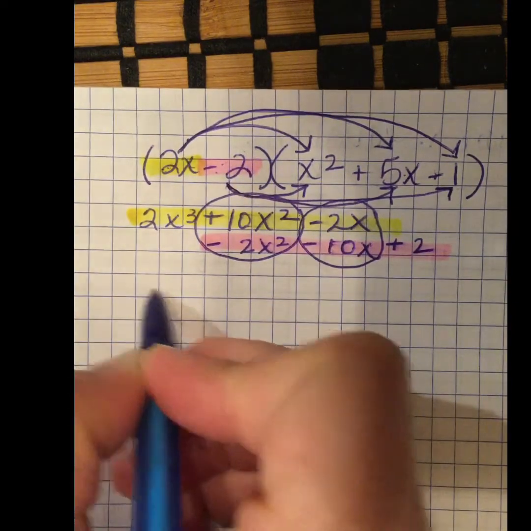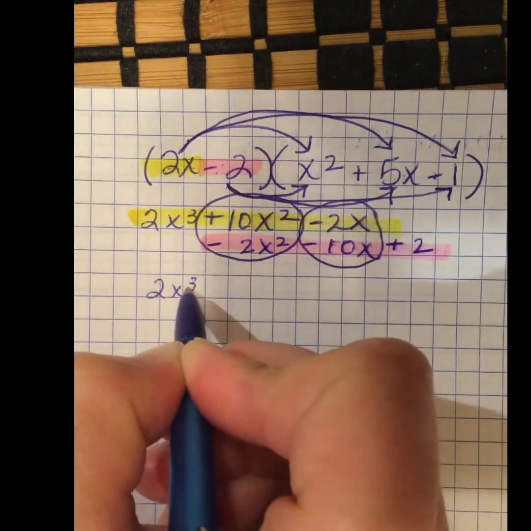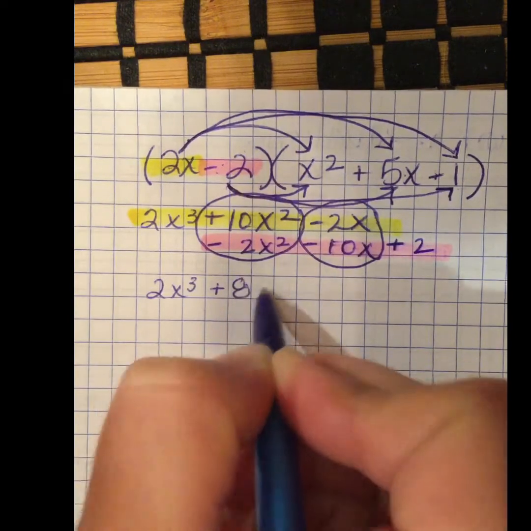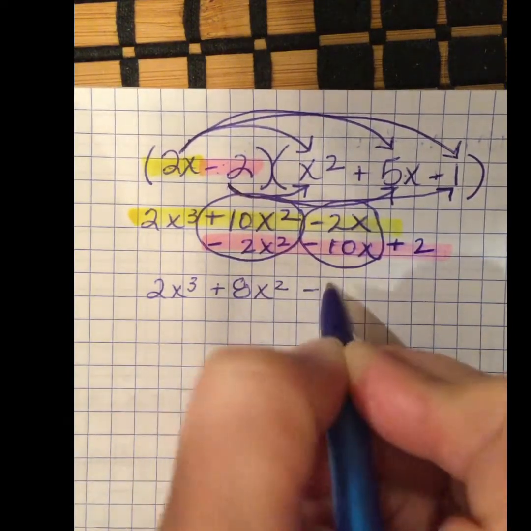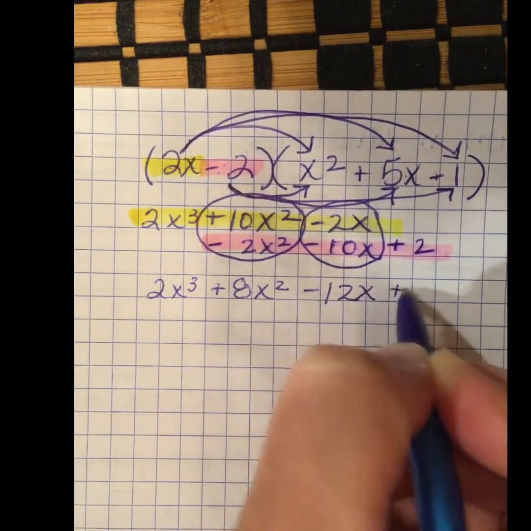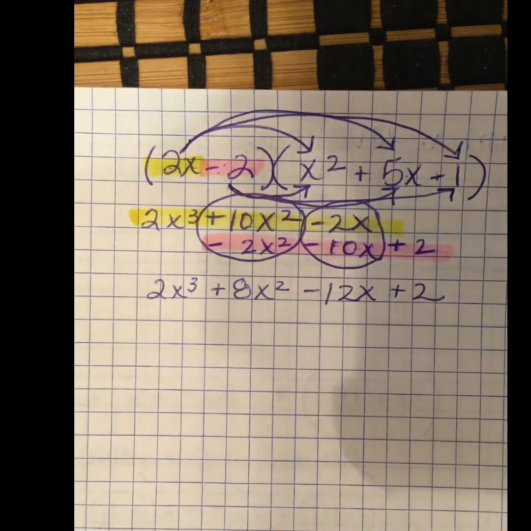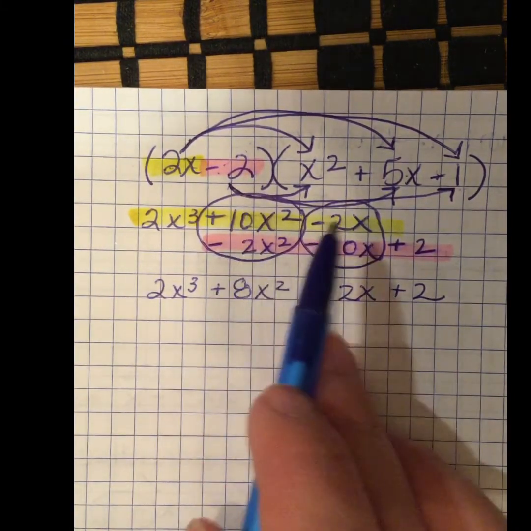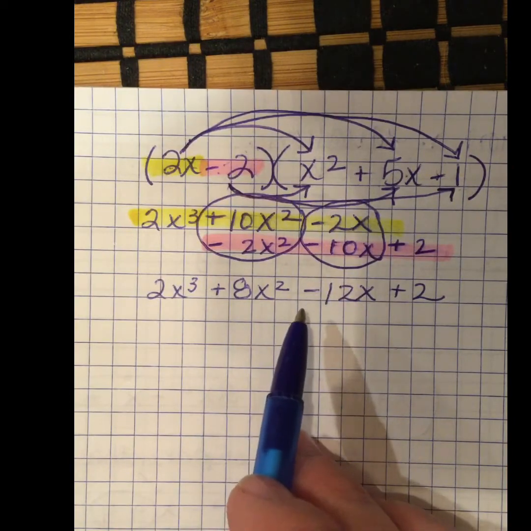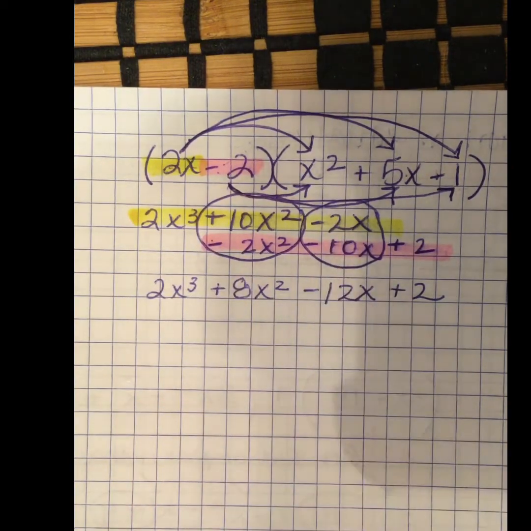So I end up with 2x cubed plus 8x squared minus 12x plus 2. And all of a sudden, combining like terms is a no-brainer, especially because they're stacked.